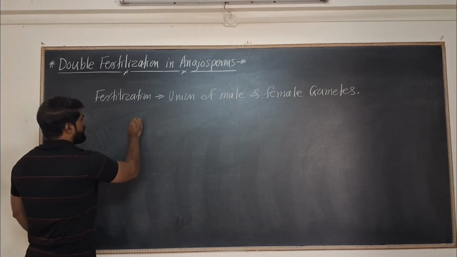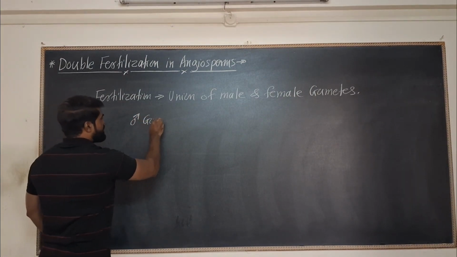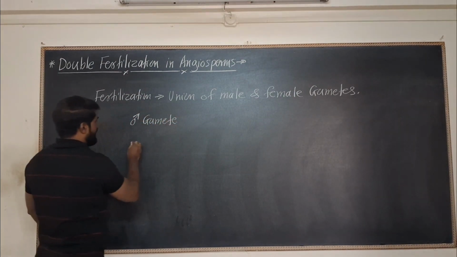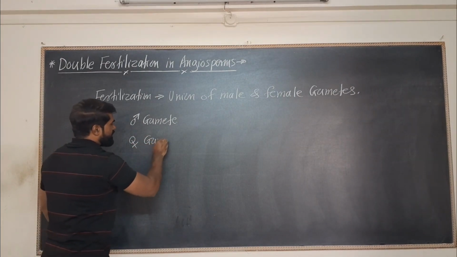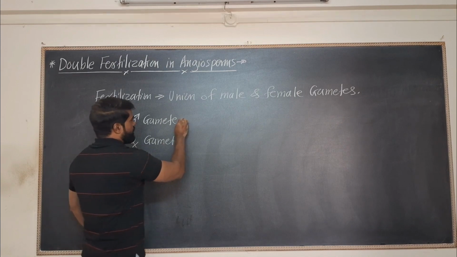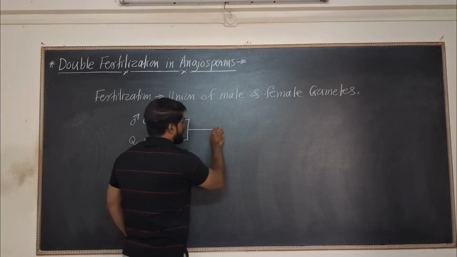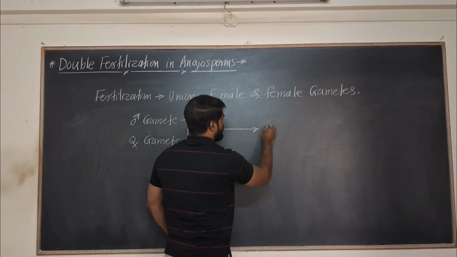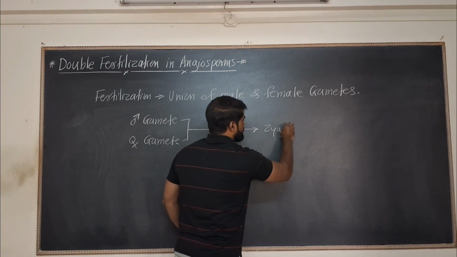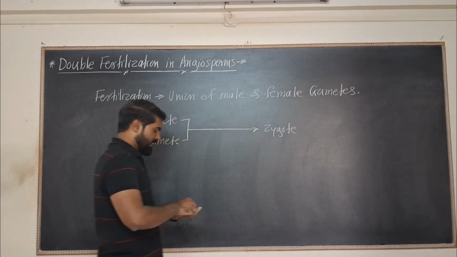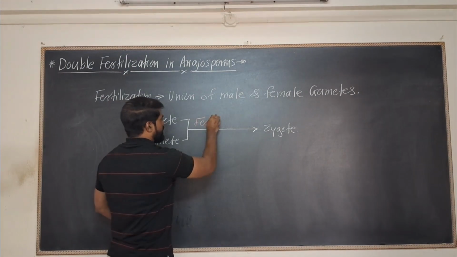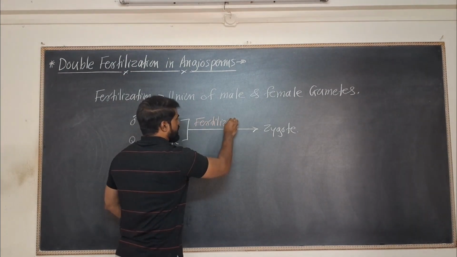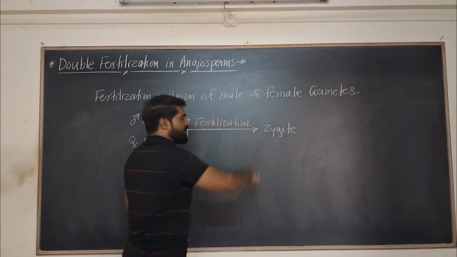So, male gamete and female gamete, they both get united to form zygote, and the process is called as fertilization.